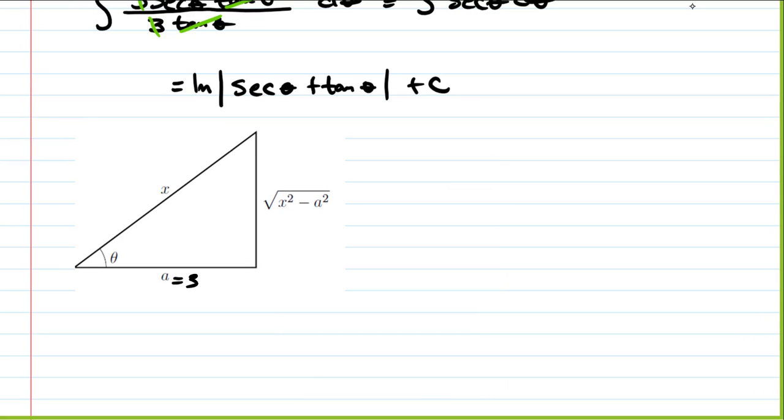So if a is 3, then this side is the square root of x squared minus 9. Then our antiderivative is equal to the natural logarithm of secant theta. And what is secant by definition?